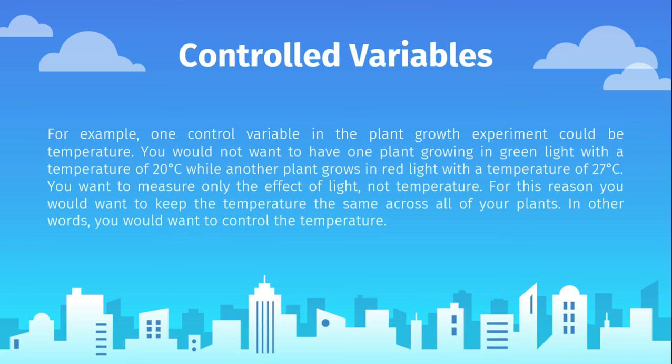You would not want to have one plant growing in green light with a temperature of 20 degrees Celsius, while other plants grow in the red light with a temperature of 27 degrees Celsius. You want to measure only the effect of light, not temperature. For this reason, you would want to keep the temperature the same across all of your plants. In other words, you would want to control the temperature.